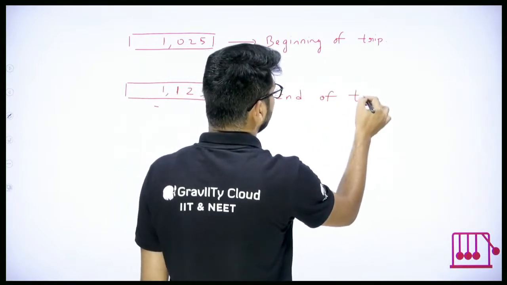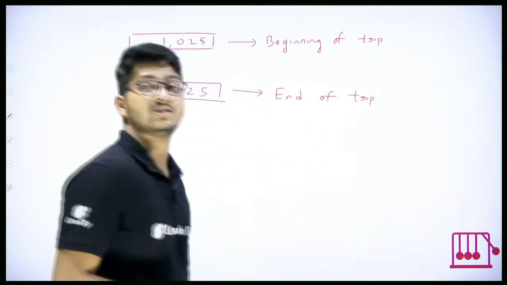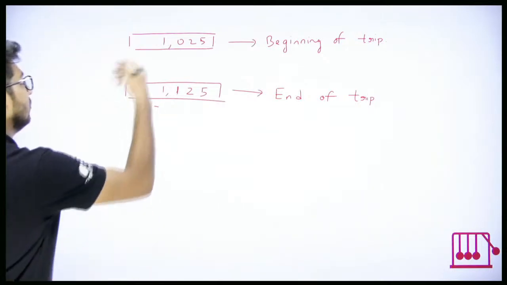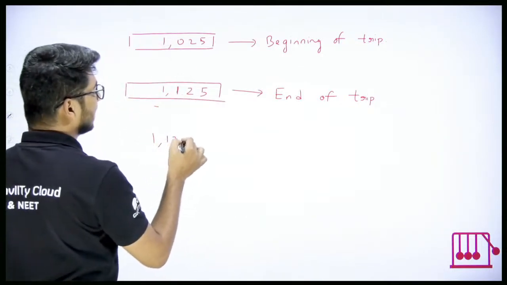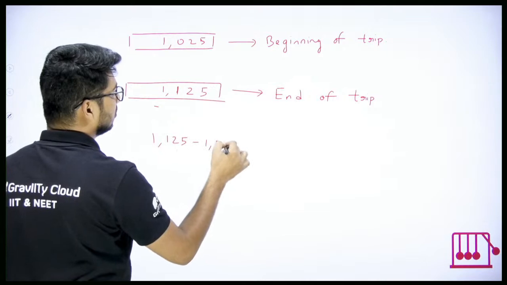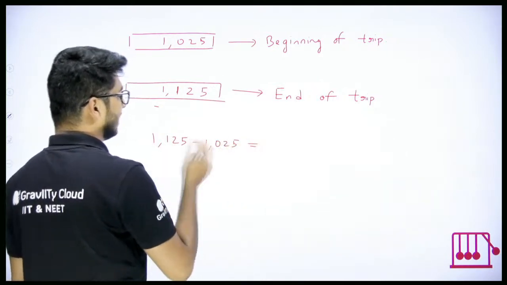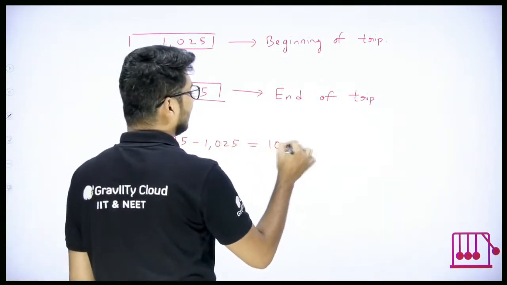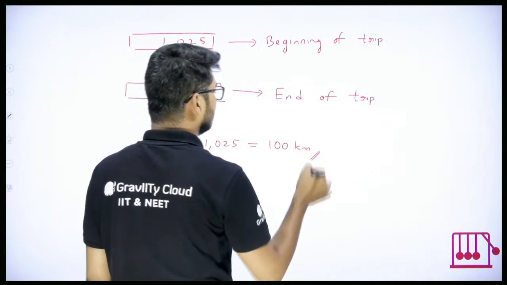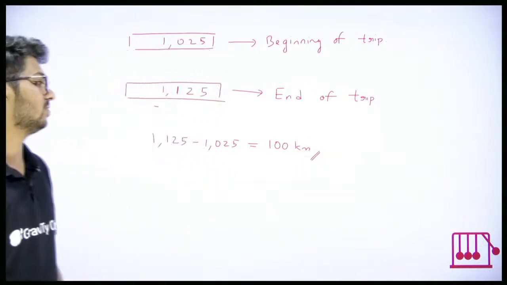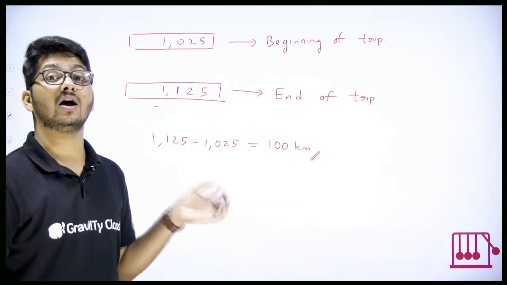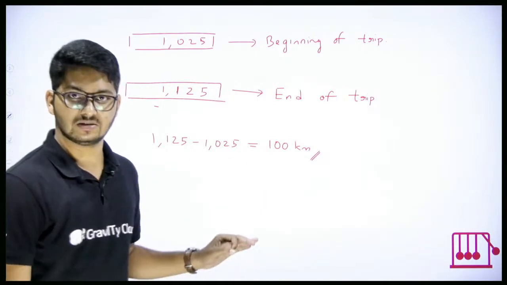So what is the distance of the complete trip, the distance that the vehicle has traveled? For that, you just subtract them, yes or no? If I subtract these two, I'll get 100 kilometers. So the complete trip was for 100 kilometers.